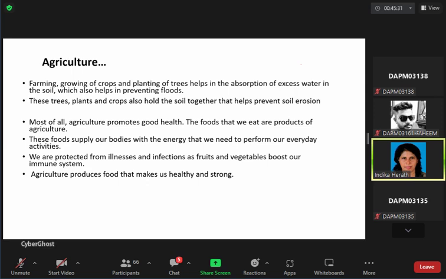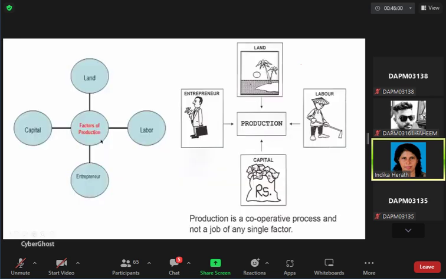Also, if we take a healthy diet, that will protect us from illness and other diseases. Fruit and vegetables generally boost your immune system, so that we can prevent getting diseases, right? Agriculture produces food that makes us healthy and strong. So now you know the importance of agriculture and the role of agriculture in our survival, right?